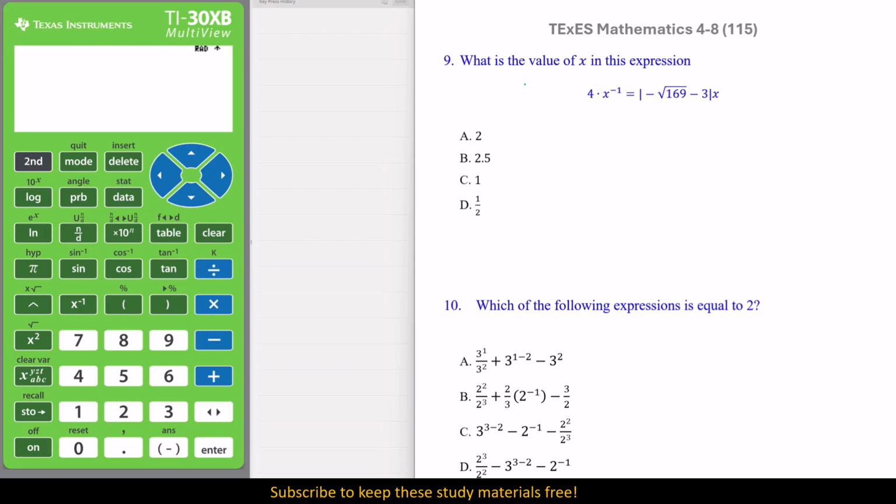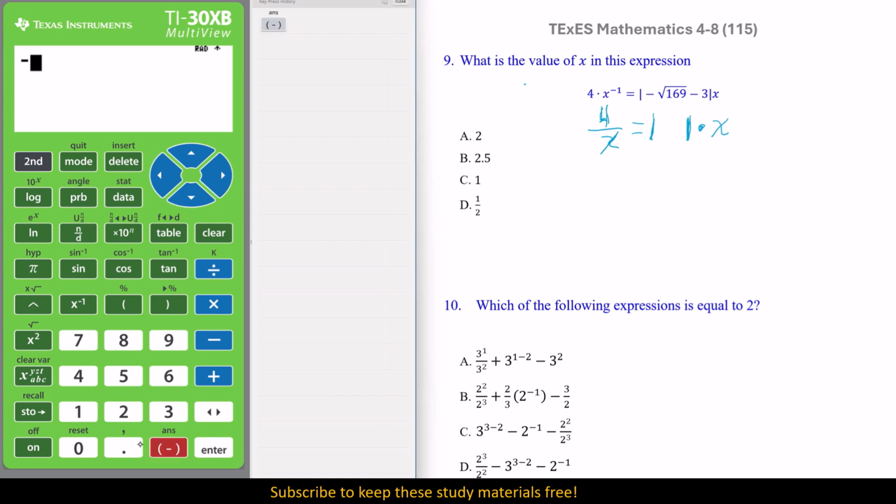So what do we have? Well, let's look at the left-hand side. I see 4 over x, okay? And then on the right-hand side, well, we need to calculate and just use your calculator. Whatever is in the absolute value, and we know we're going to multiply that to x, okay? All right, so let's do that.